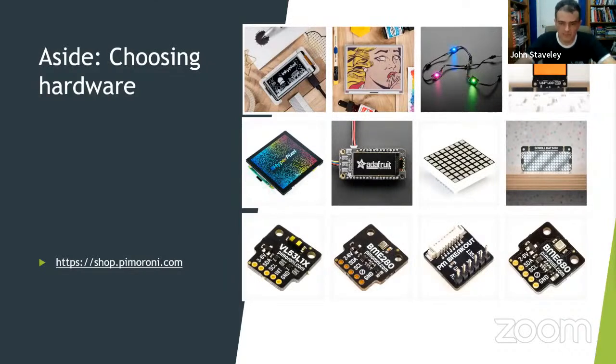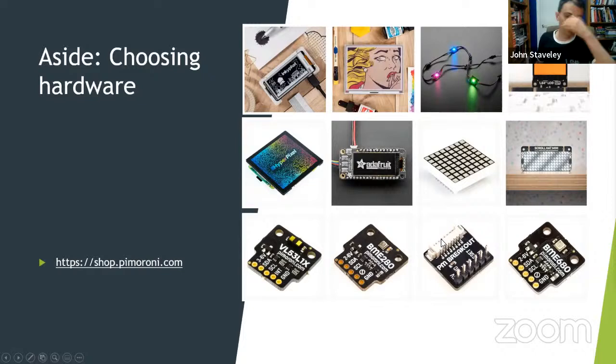Now, there is lots of beautiful hardware out there. If you go onto Pimoroni, which is a great website in Sheffield, you can deploy rainbows. You've got this beautiful ink screen, different HyperPixel displays, LED displays.